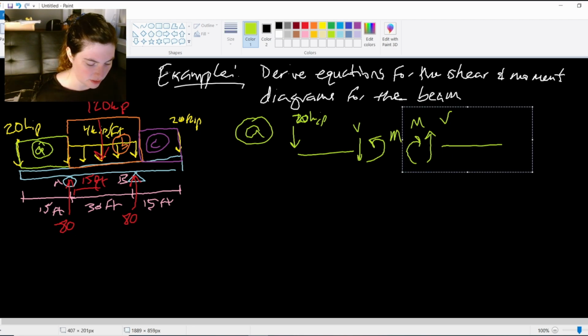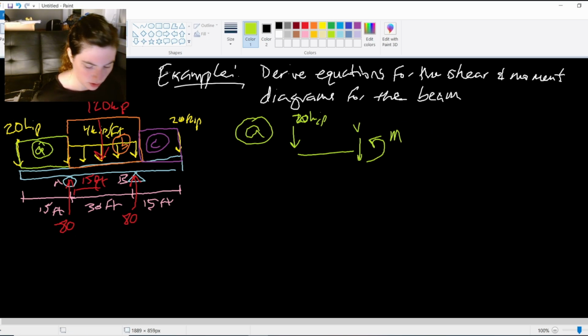So that's just the convention we use, and it takes a little getting used to. Just always draw your shear force on this right end of the beam down, your moment counterclockwise. This is my full free body diagram for this.